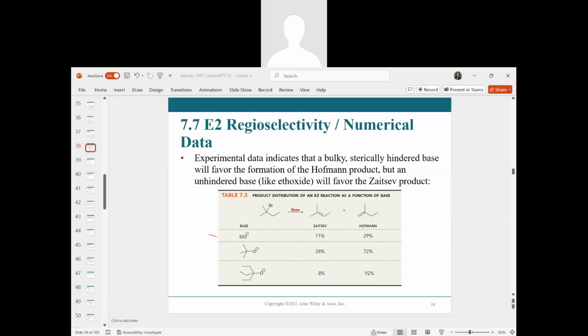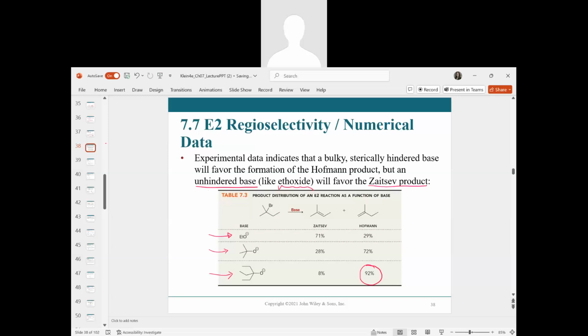So we see here with a non-bulky, unhindered base like ethoxide here, this would favor the Zaitsev or more highly substituted product. Then when we have either a tert-butoxide or even this more highly sterically hindered base, then we have a majority of our product that is favored to be Hofmann.